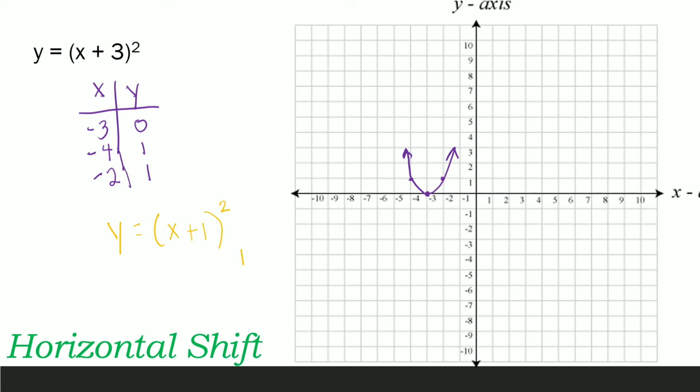So, mula sa origin, andito yung magiging vertex na niya. 1 unit to the left. So, magiging ganito yung parabola na yan. Okay? Yung y equals x plus 1 squared. Yan, yung dilaw na yan. Okay? 1 unit to the left. 3 units to the left.